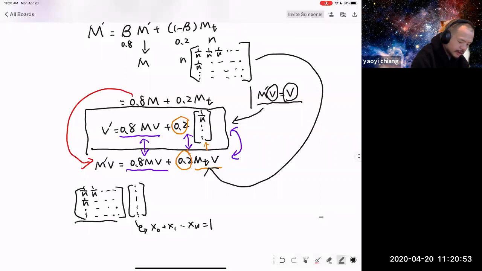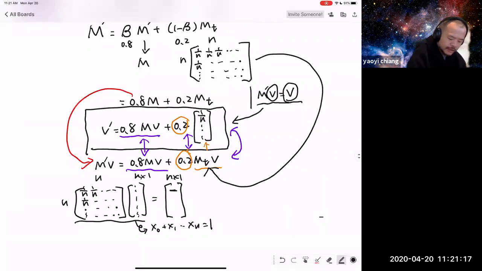So if we look at this one, this is n by n times n by 1. Your result will be n times 1. So it's a vector, right? Only one column.